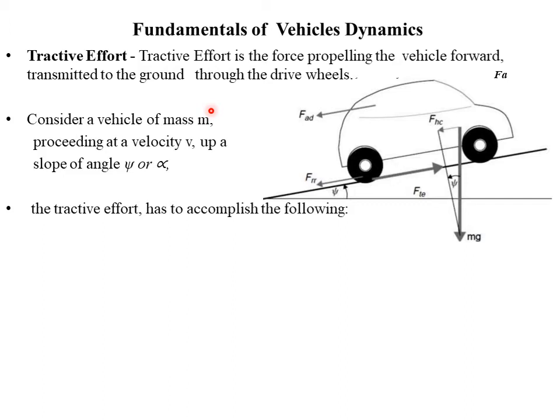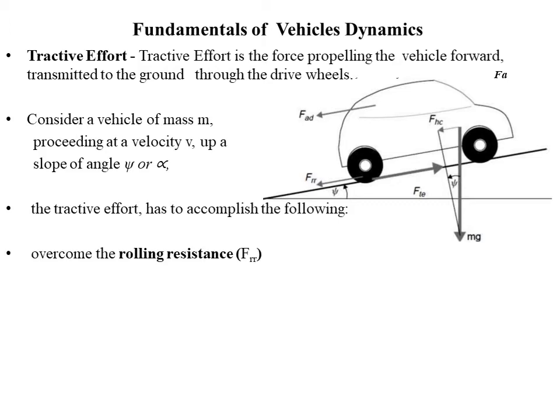So first we will see what are the resistive forces acting on a vehicle. For that, consider a vehicle, and you can see a vehicle is moving on a slope having an angle psi. In some textbooks you can see it as alpha. And here when the vehicle is moving in the forward direction, many forces are acting in the opposite direction, and those are called the resistive forces.